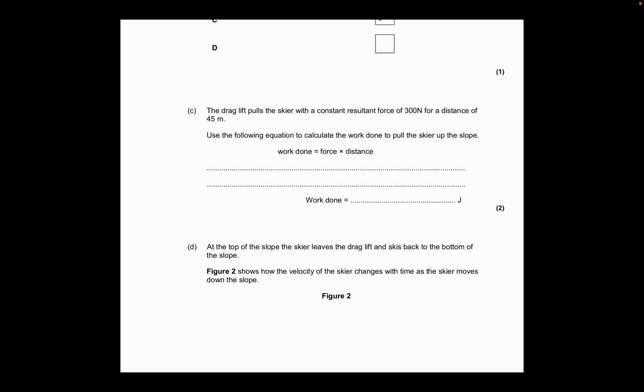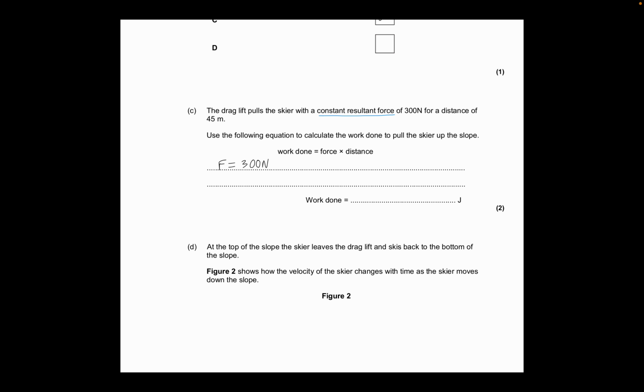First of all, we're going to list what is given to us. If you read the question carefully, the drag lift pulls a skier with a constant resultant force. So they're giving you the constant resultant force. This is going to be considered as the force. So your force is equivalent to 300 newtons, very important.